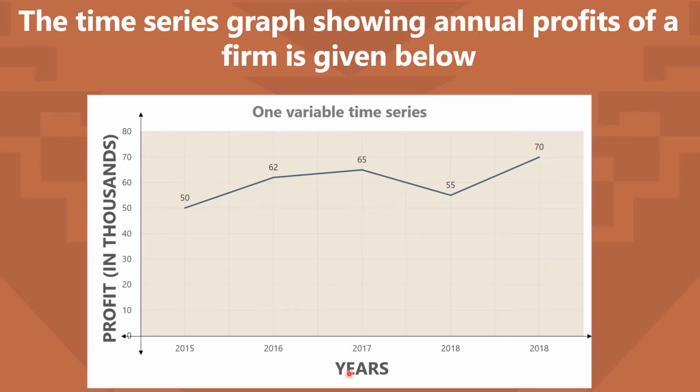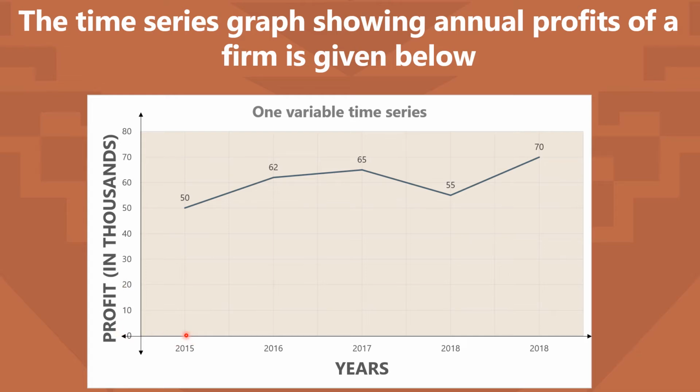Because the variable on the x-axis does not depend on profit. However, profit can be expressed for different time periods. So here profit is the dependent variable and so we plot it on the y-axis. Here we only use one variable, and in this case it is just the profit of a firm in thousands.